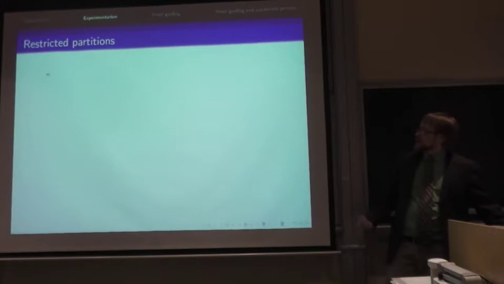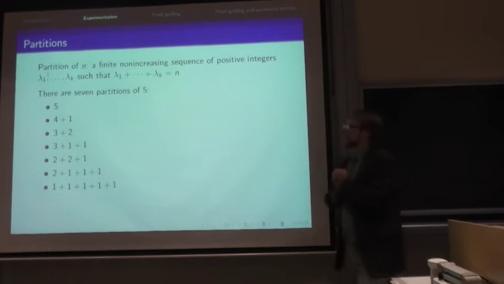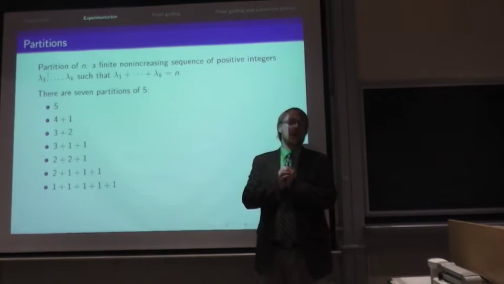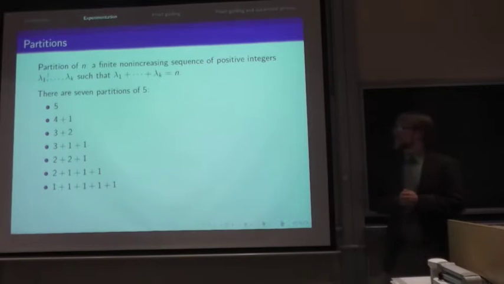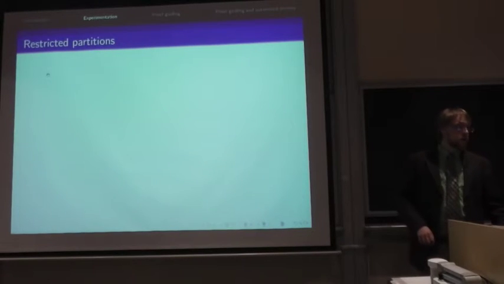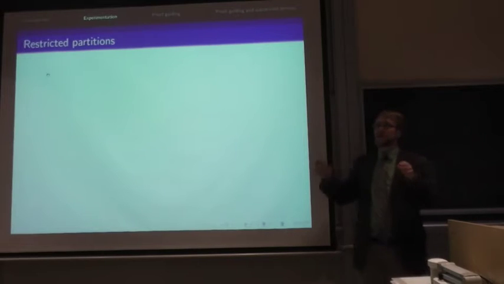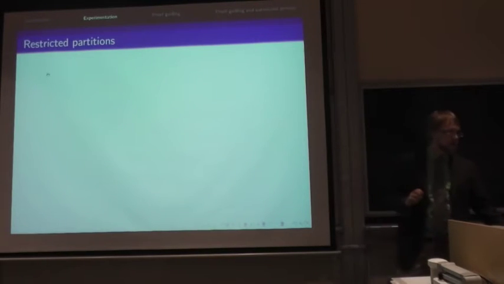One question you can ask is, can you quickly tell me how many partitions of 1,000 there are? You can also ask about restricted partitions. Suppose I say you can use any partition you want, but there are also going to be some restrictions.